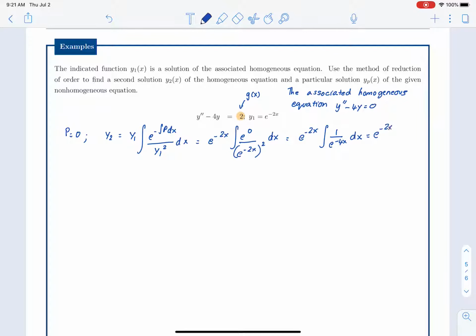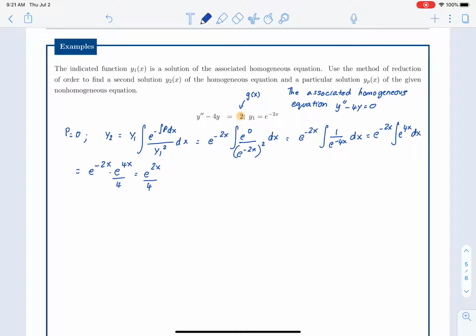And that would equal the integral of e raised 4x dx. Upon integrating, we would have e raised negative 2x multiplied by e raised 4x over 4, and that would reduce to e raised 2x over 4.